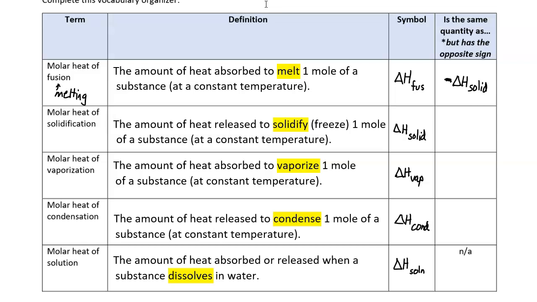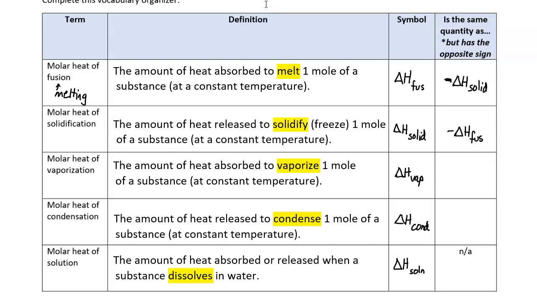So I'm writing down that delta H fusion is the negative of delta H solidification. In the next row, delta H for solidification is the negative of delta H fusion.